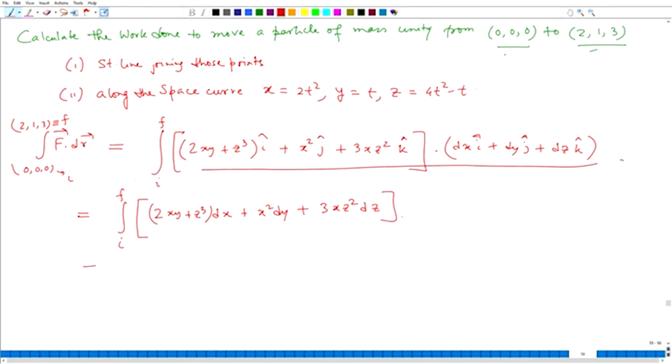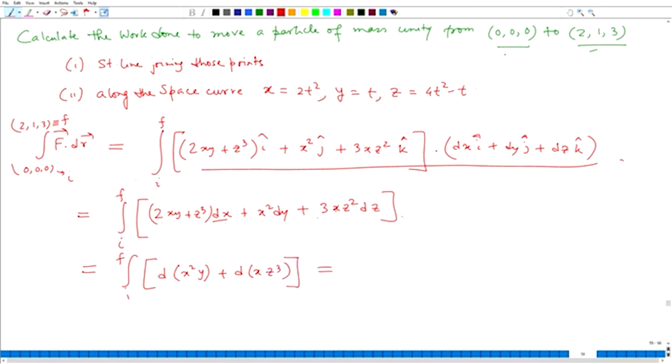Okay. And then you can simply say that 2xy dx and x squared dy, they make actually d of x square y, and then z cube dx plus 3xz square dz, combining these two, they will give you d of xz cube. Okay.